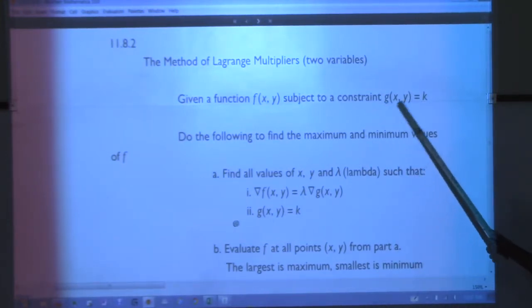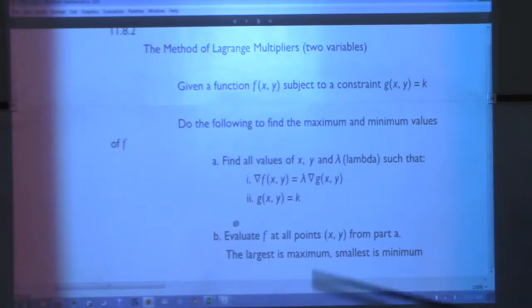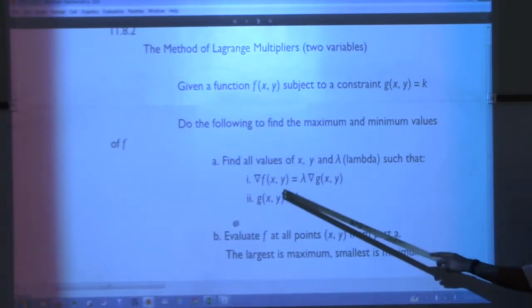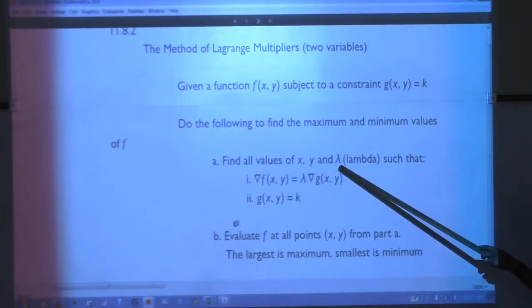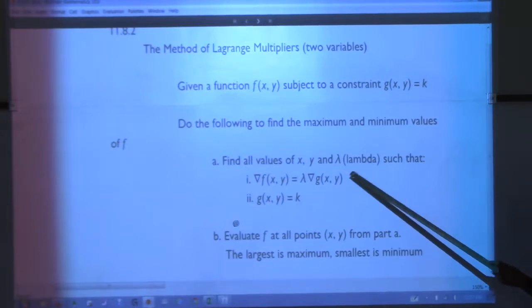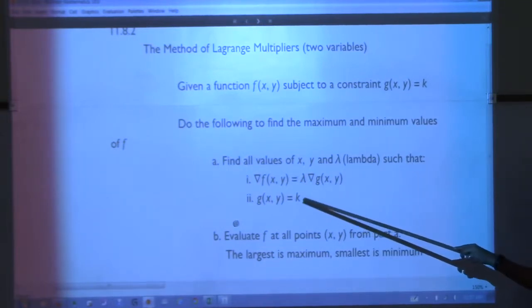That's our constraint equation. Then what we do is the following. To find the maximum and minimum values of the function f, we will do these two things. First, find all the values of x, y, and lambda such that the following two equations are true.